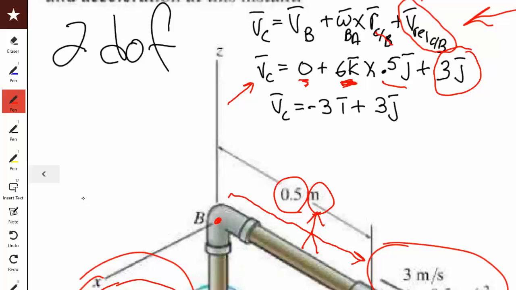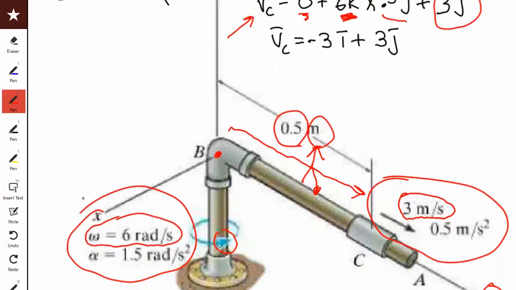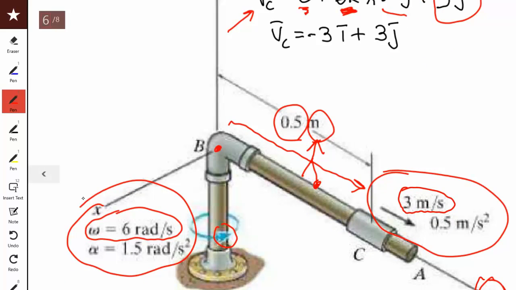C doesn't look like it's doing much, but it looks like it's getting 3 meters, or has a speed 3 meters per second, and is moving away from your foot right here, right? So what it looks like to you that the collar is doing is moving at a speed of 3, and it looks like it's going out this direction in the y direction. That's what it looks like to you if you were standing on the pipe.